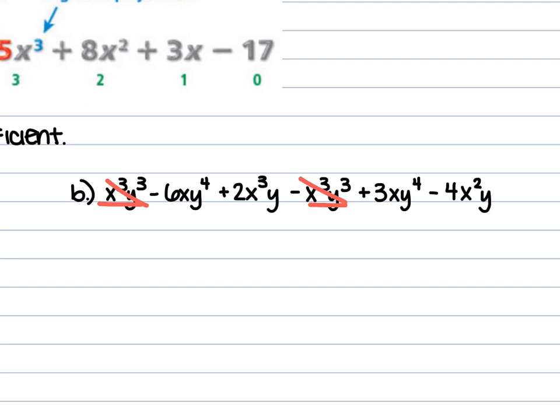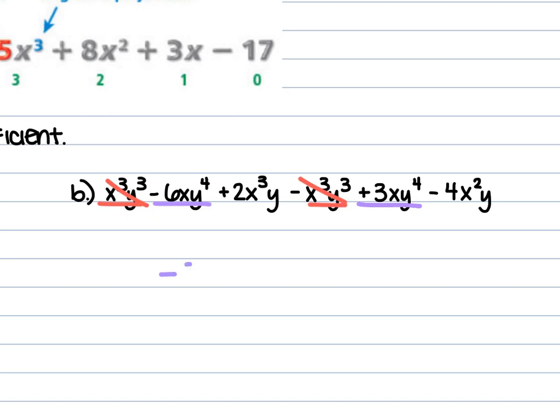Then look at your other exponents. You have xy to the fourth, which has a degree of 5, and then x cubed y, which has a degree of 4. So we want to put this xy to the fourth first. From here, we're going to combine the negative 6xy to the fourth with the positive 3xy to the fourth.